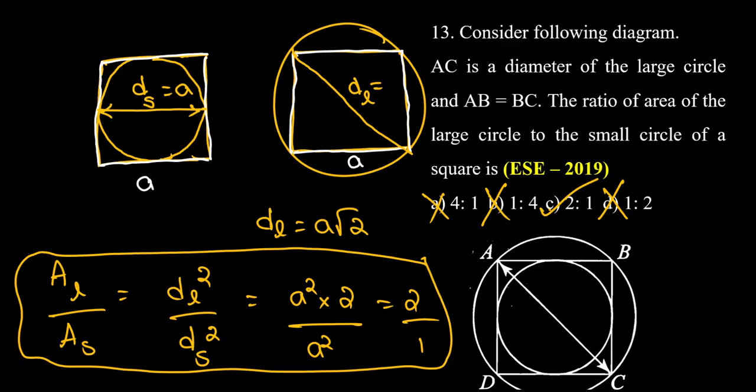When the circle is inscribed in a square, side of the square equals diameter of the circle. So you can just have an understanding carefully. Some exams don't give the diagram in the question, you have to form the diagram. So that's what you should be ready for.